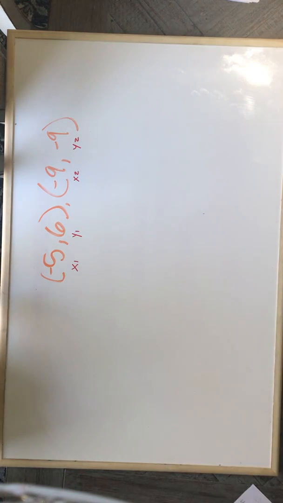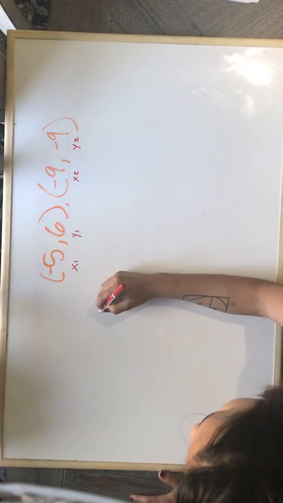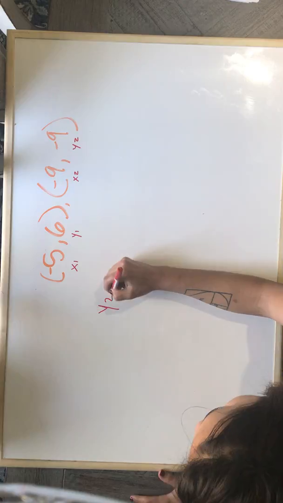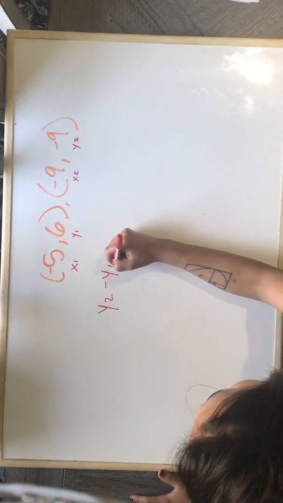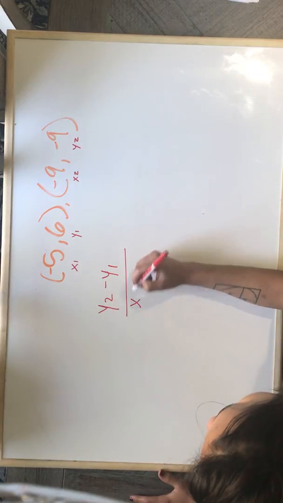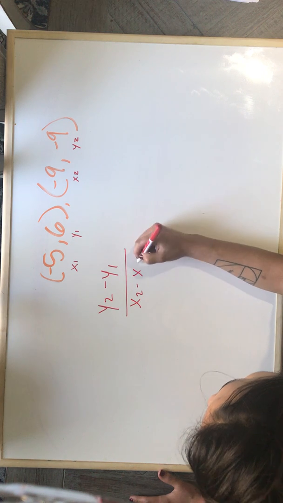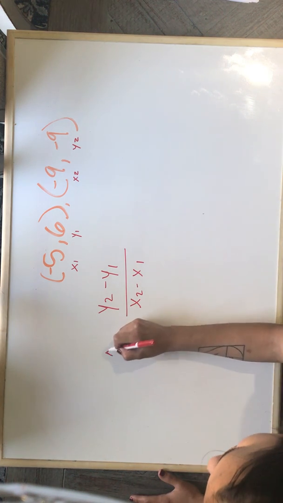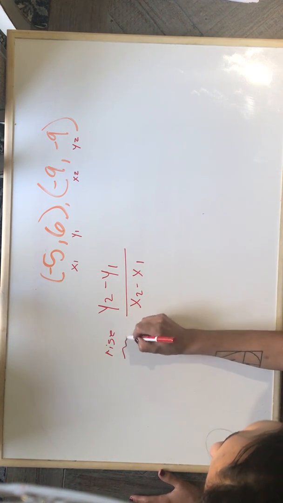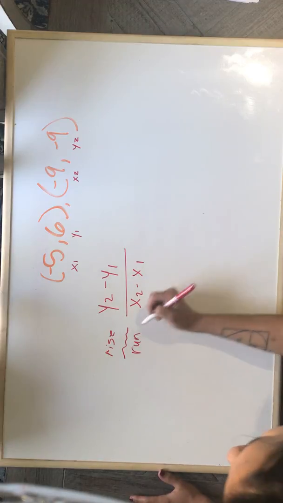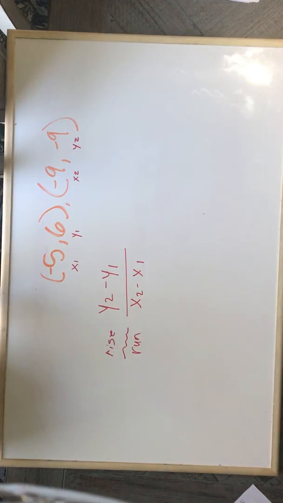Now, Hannah, when you are looking for your slope, the formula is y2 minus y1 over x2 minus x1. This will give you the rise over the run, which is slope. That's what we're looking for.